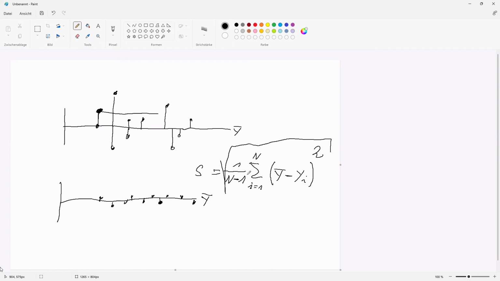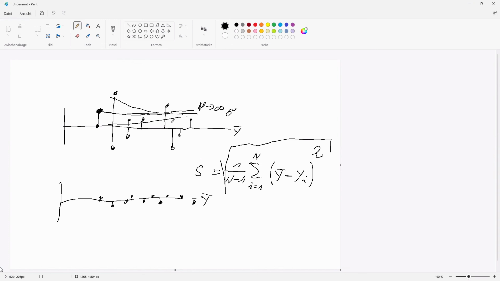And you see we have here also a calculation of the mean in it. Therefore, the standard deviation will go also in such a tube. And when you go with n against infinity, you get the standard deviation.